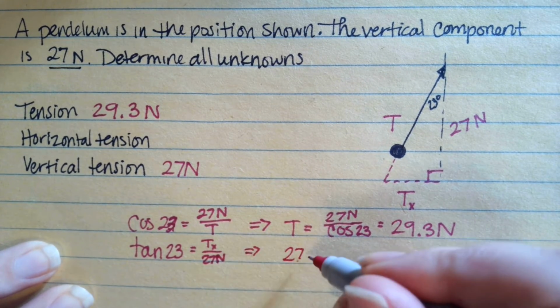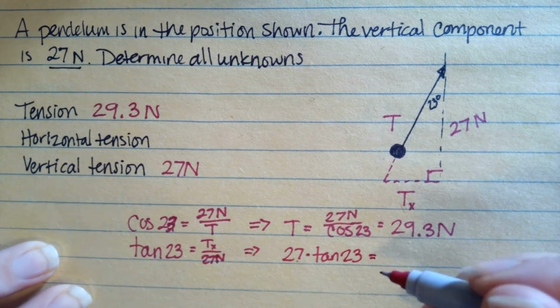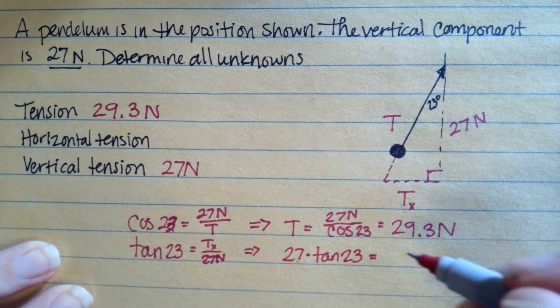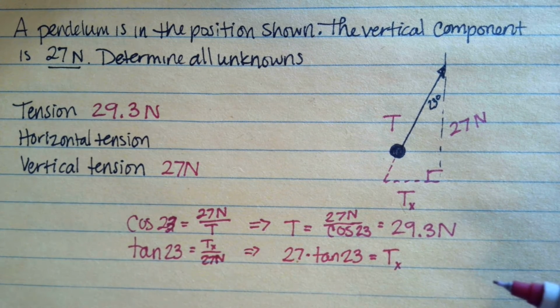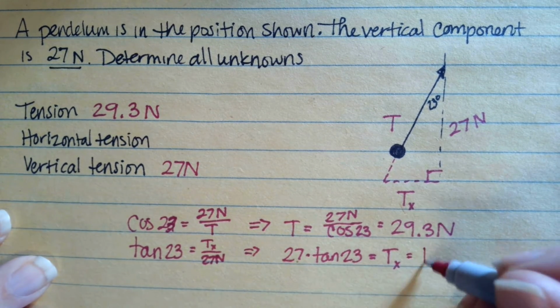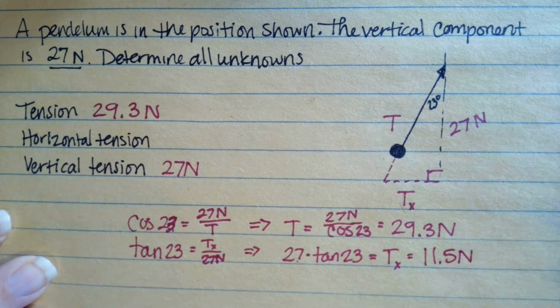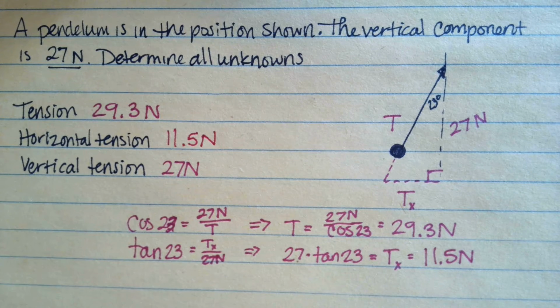So 27 times tangent 23 is going to equal my T of x, which, if I do my calculations, the horizontal component of the tension ends up being 11.5 newtons. And that's how you will end up solving number 2.